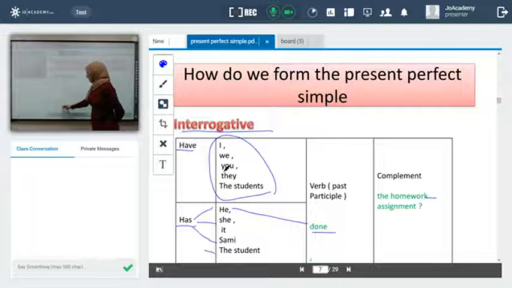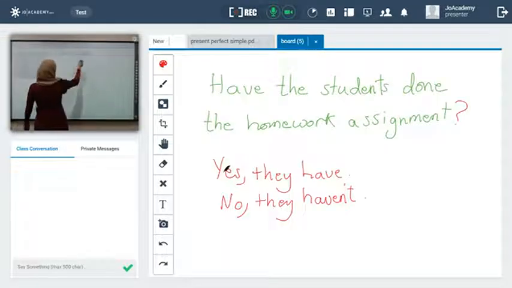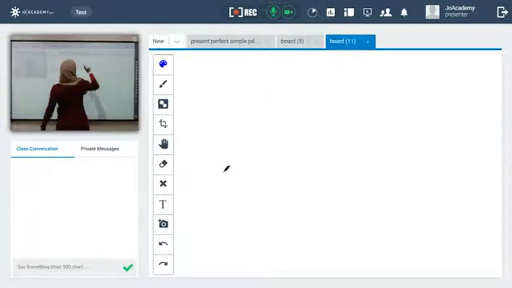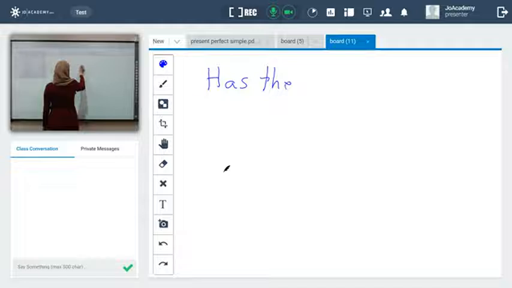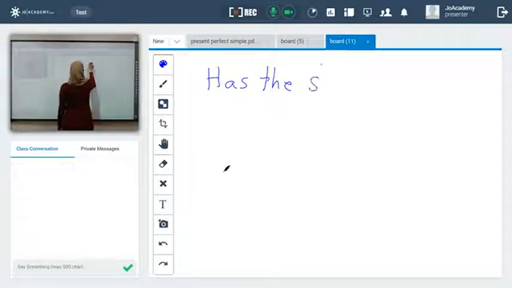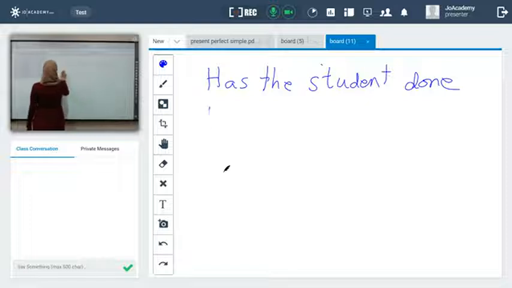Has Sammy done the homework assignment? Has the student done the homework assignment? So let's write it. Has the student, not the students, singular, done the homework assignment?